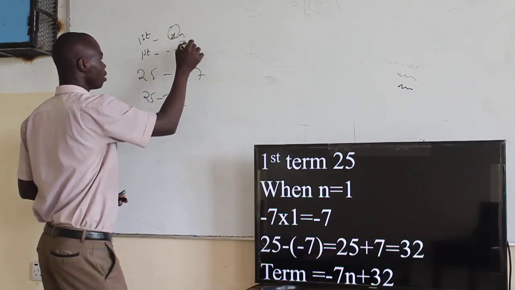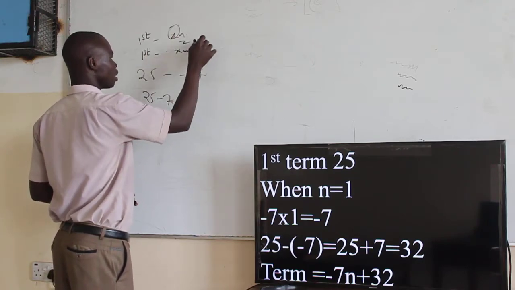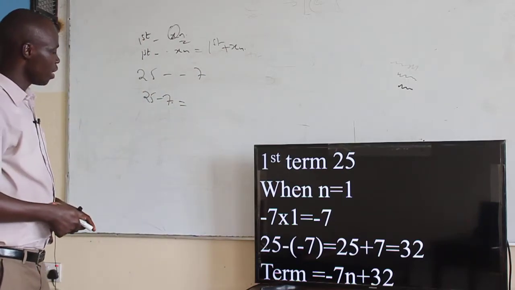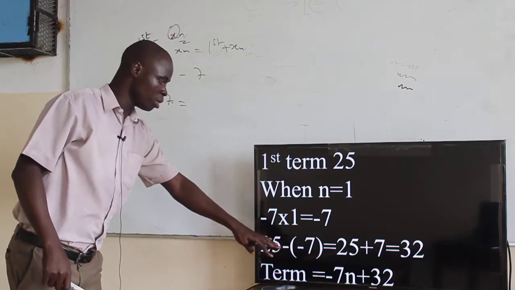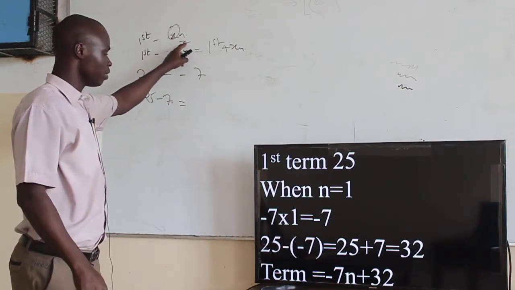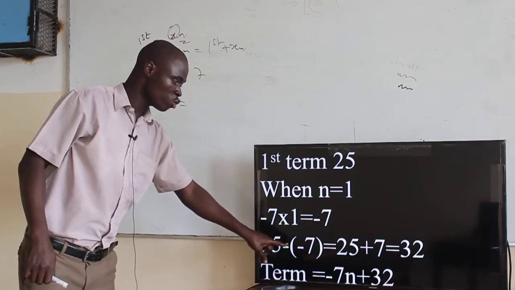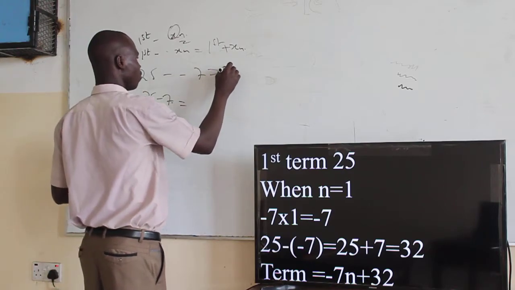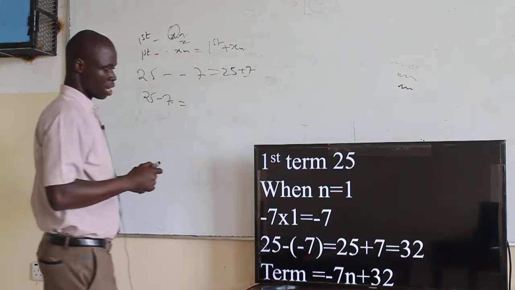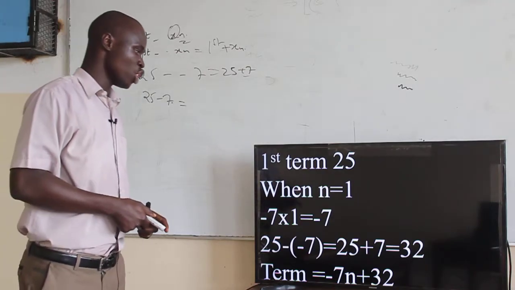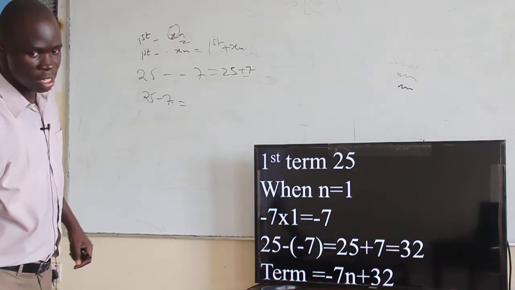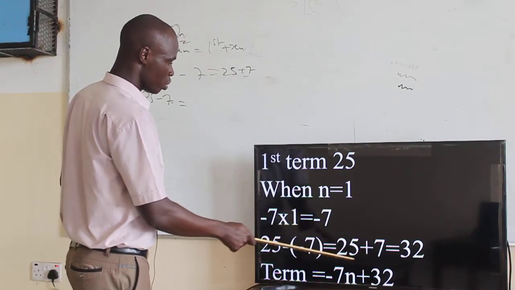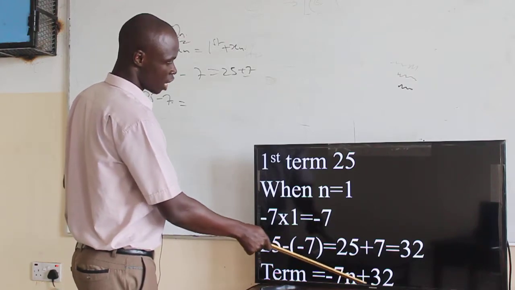If it is positive, then you take the first term minus x. But if it is negative like this one, you have to put two negatives here, so that at the end of the day you are going to have 25 plus 7. Now 25 plus 7 is going to be 32. So that means the value we are going to attach to this negative 7n has to be 32.